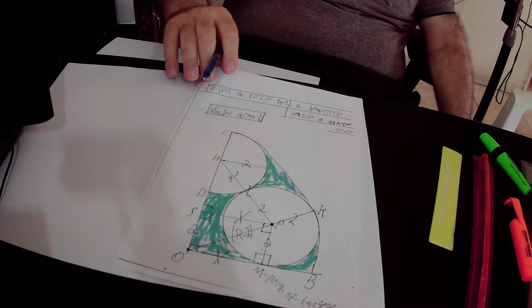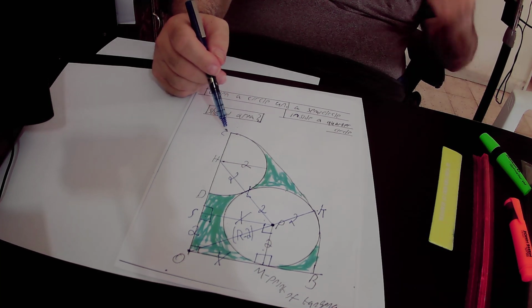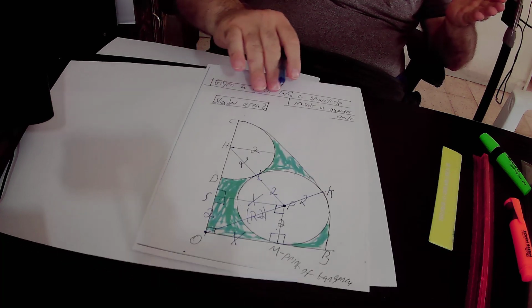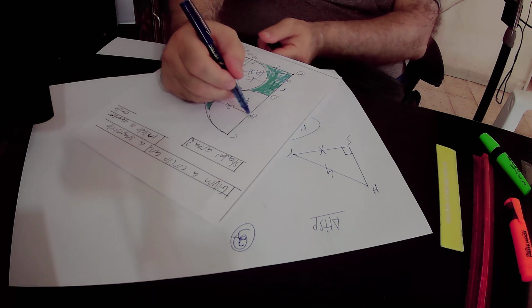What is the value of CH? H is the center of the semicircle. C is the point on the semicircle itself. This is exactly the definition of a radius. That is to say, CH equals 2 units.